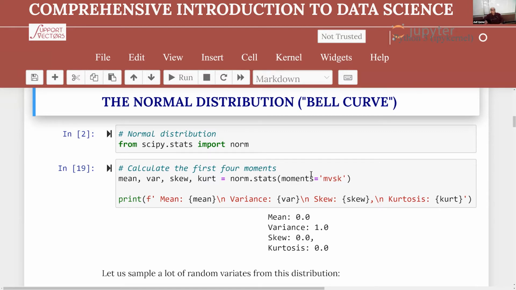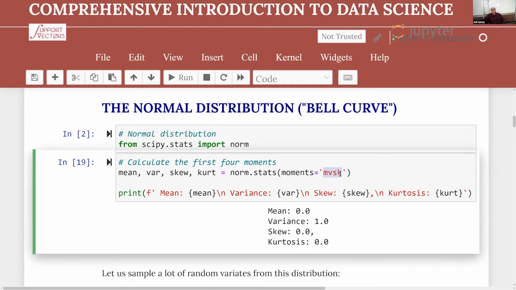So now let us print out, type this thing, guys, and I'll explain what it means. What we are saying is print out from the norm 4 statistics. What are the 4 statistics we are asking for? Mean, variance, skew, kurtosis, which is cryptically written as MVSK.